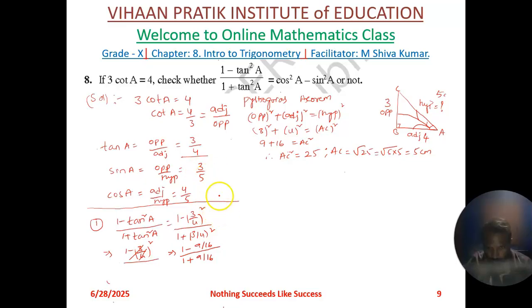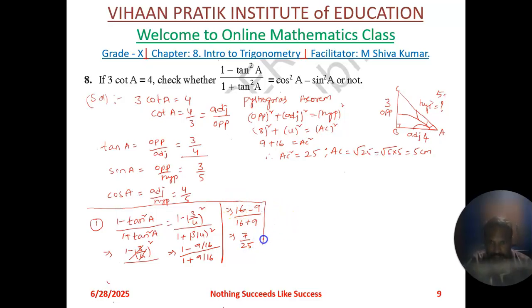Which will equal (16 minus 9) divided by (16 plus 9), 16 will cancel, which will equal 7 by 25.